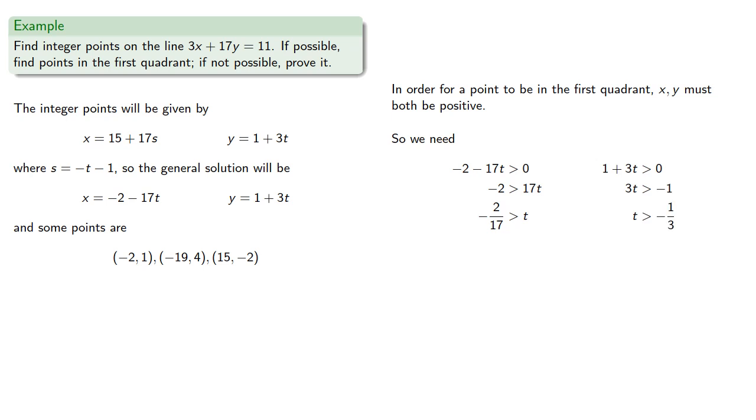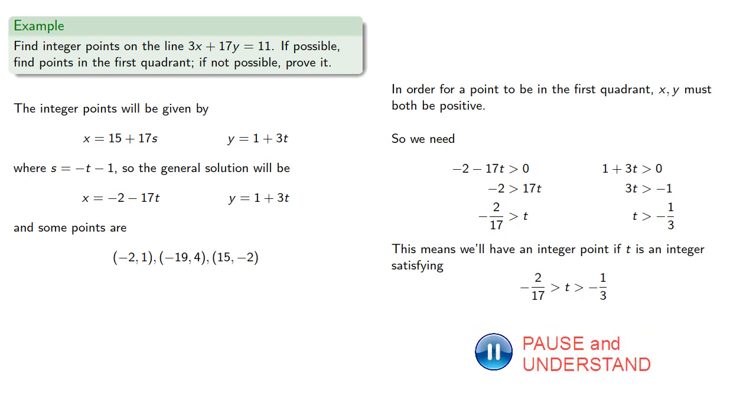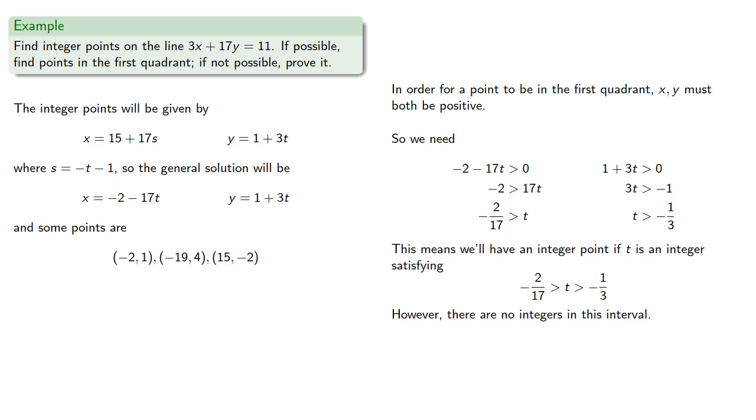And this means we'll have an integer point if t is an integer satisfying the inequality. In other words, it's between negative 2/17 and negative 1/3. However, there are no integers in this interval, so there are no integer points in the first quadrant.